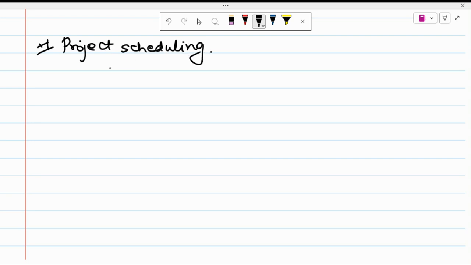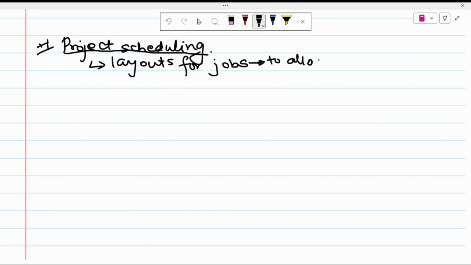Project scheduling. So, what is project scheduling? We know that project scheduling is a technique to determine the layout for jobs or activities, to allocate resources, time, or labor.